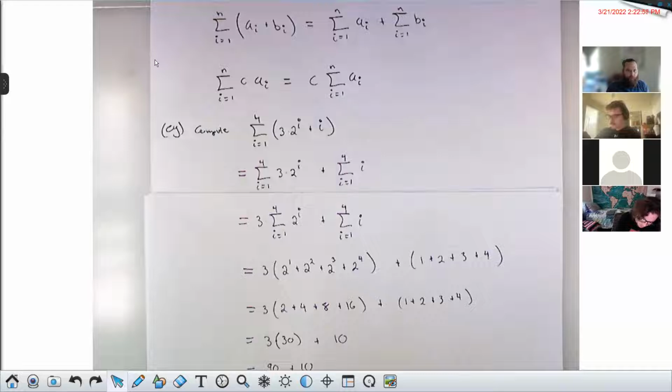There's one last thing about the sigma operator before I jump into the geometry of the areas, and that's some special formulas. So one of the reasons these two rules are so useful, like you saw here, is it allows me to take a kind of complicated sum and split it up into simpler sums. I can make my life even easier still if I had a nice formula for simple sums like these.